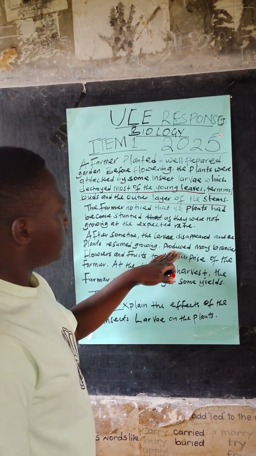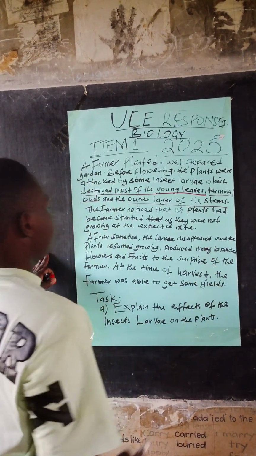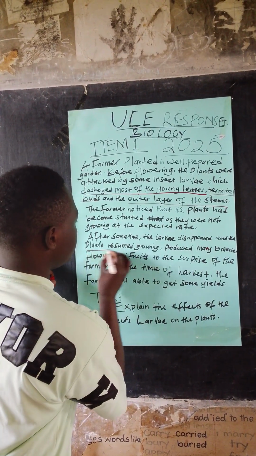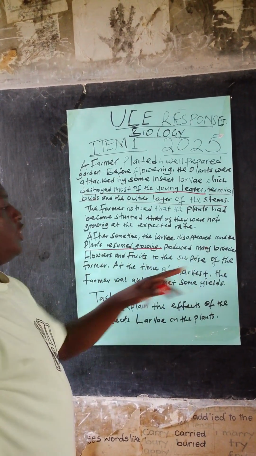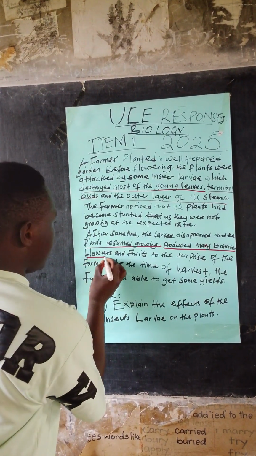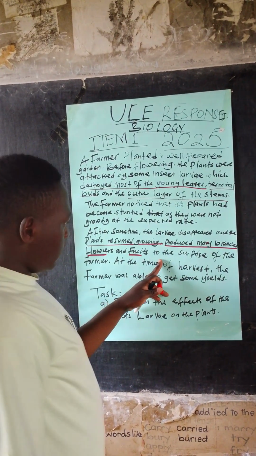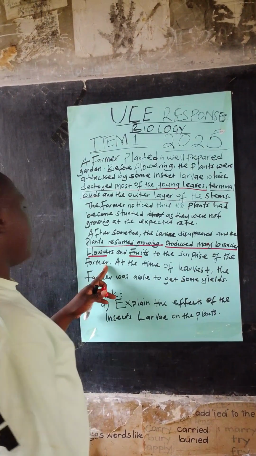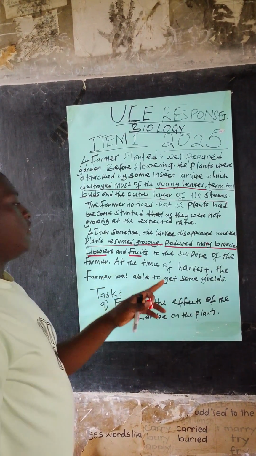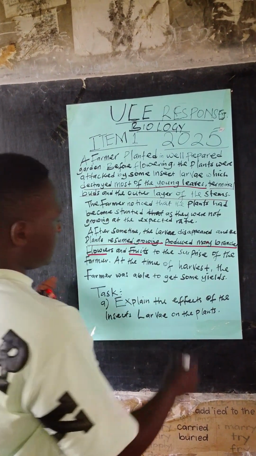Produced many branches, flowers and fruits to the supplies of the farmer. At the time of the harvest, the farmer was able to get some yields.